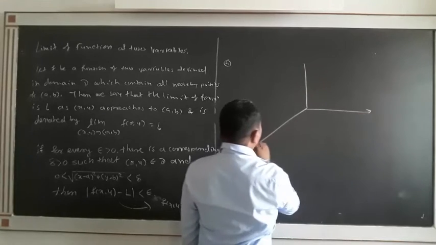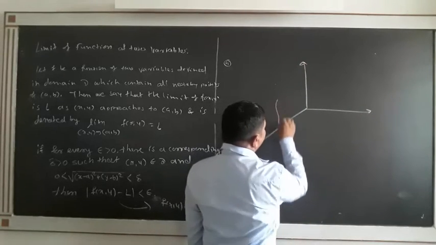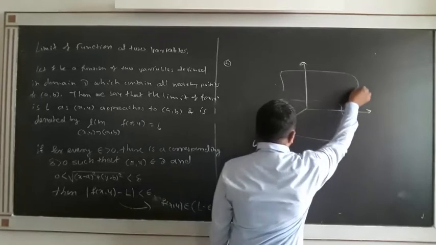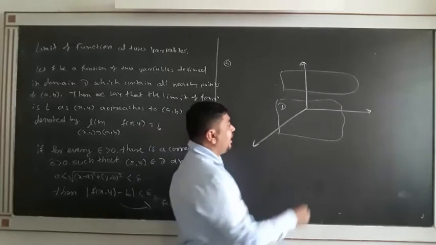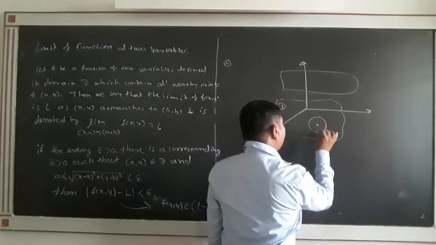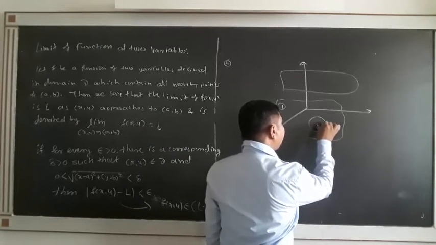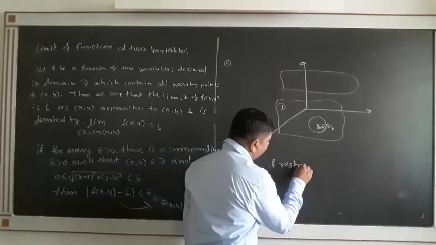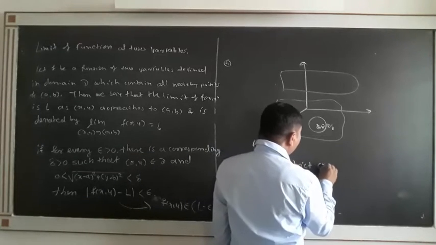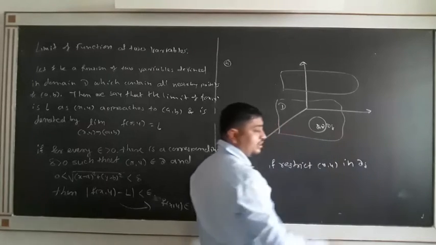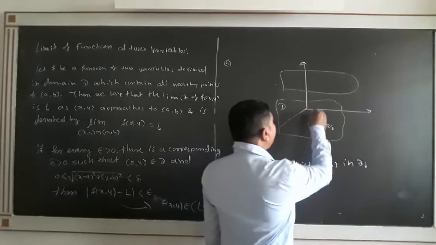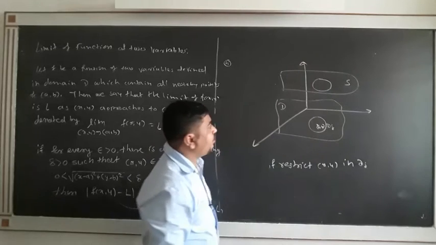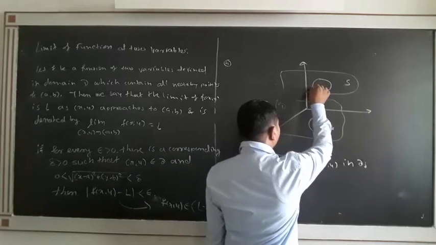Suppose this is our xyz plane, this is the domain D of the graph of f, and this is the surface S. If you take the neighborhood D delta of (a, b), and restrict all (x, y) in D delta, then the corresponding part of S should be like this.